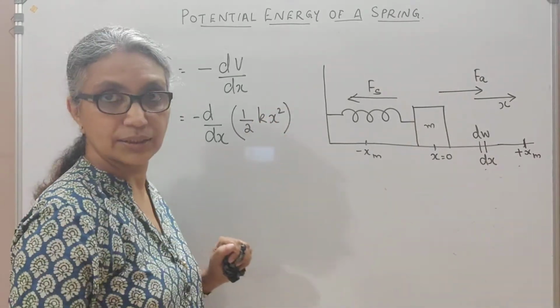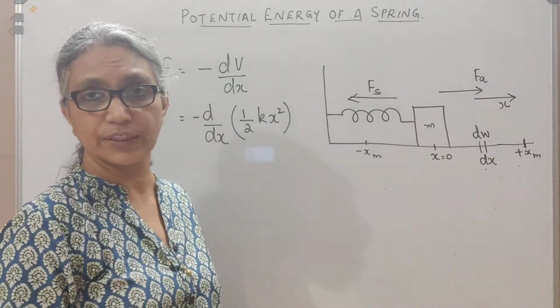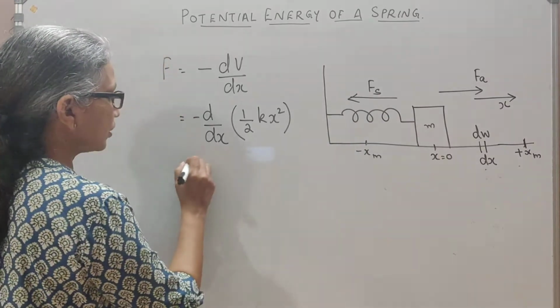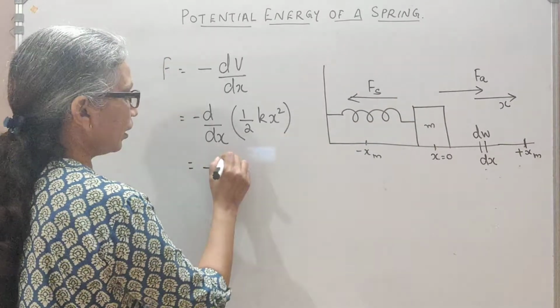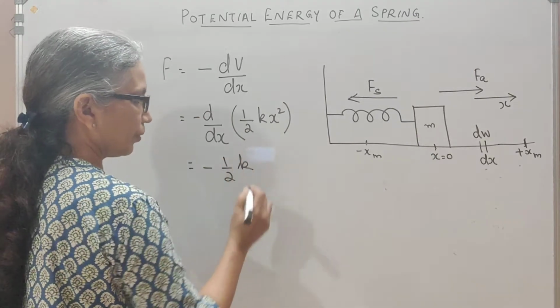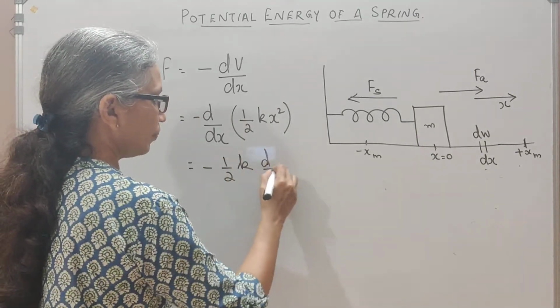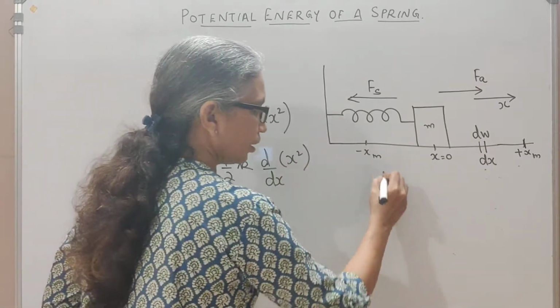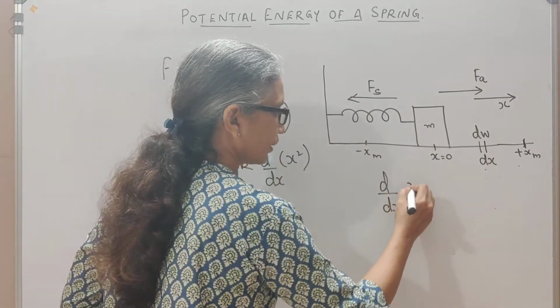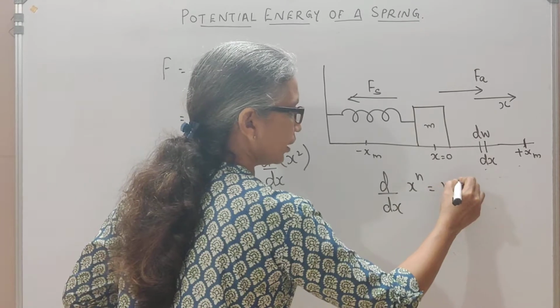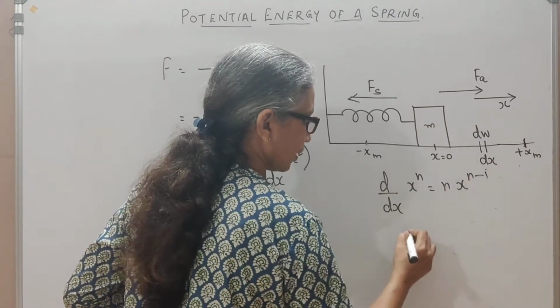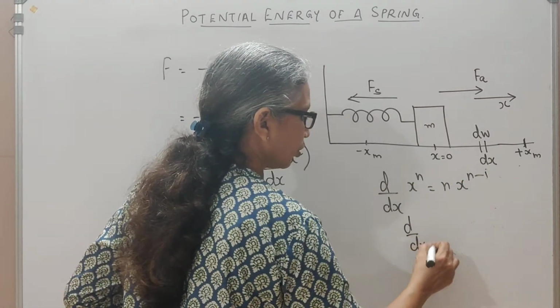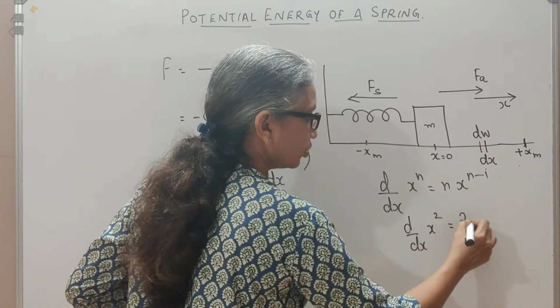I wrote xm because we took the maximum displacement xm. So this is going to be minus half k, which I take outside because it's a constant, d by dx of x squared. Now d by dx of x raised to n is n into x raised to n minus 1. So d by dx of x squared will be 2 into x.